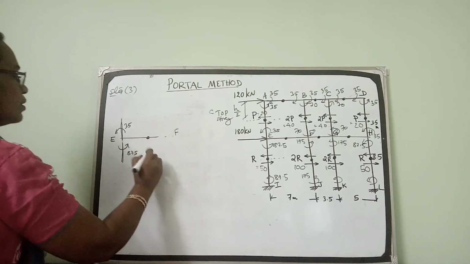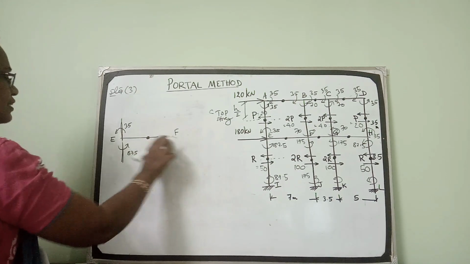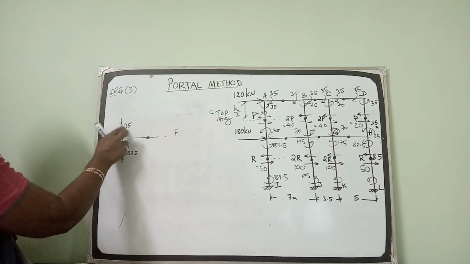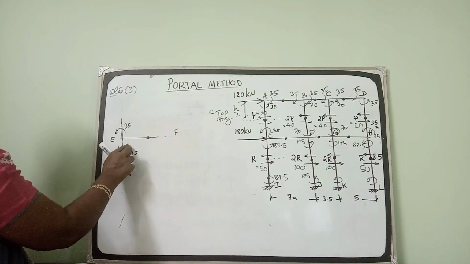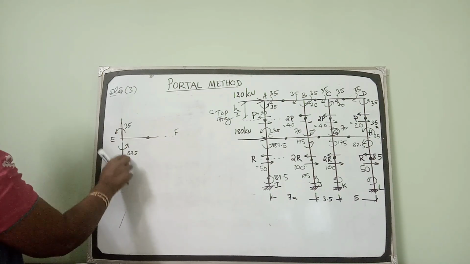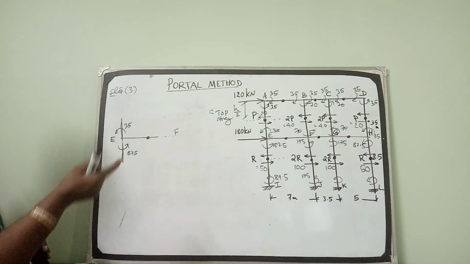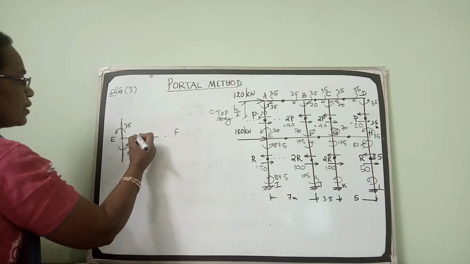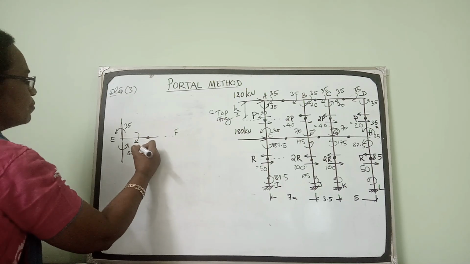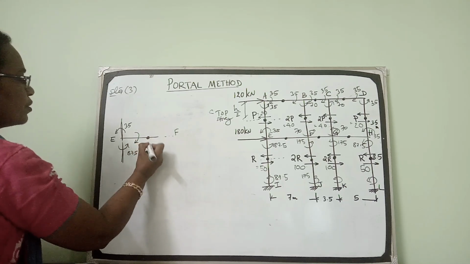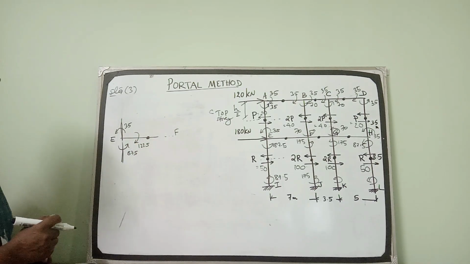We have already looked into the figure. This is anti-clockwise 35, that is anti-clockwise 87.5. So these two together will contribute to 122.5 anti-clockwise. So for equilibrium there should be a clockwise moment of 122.5. We can do it very fast without calculations.